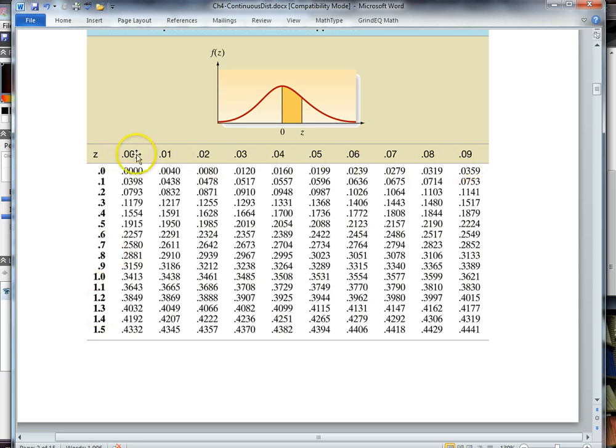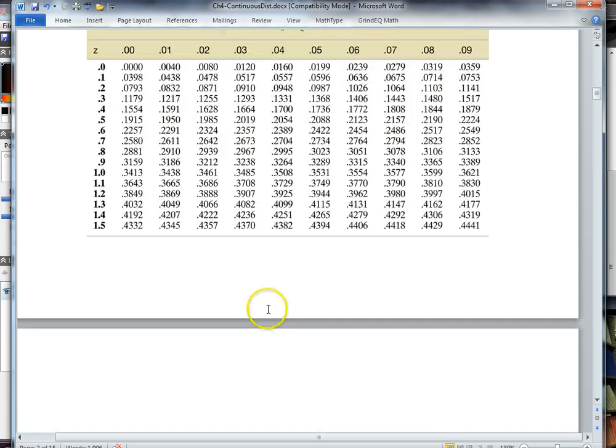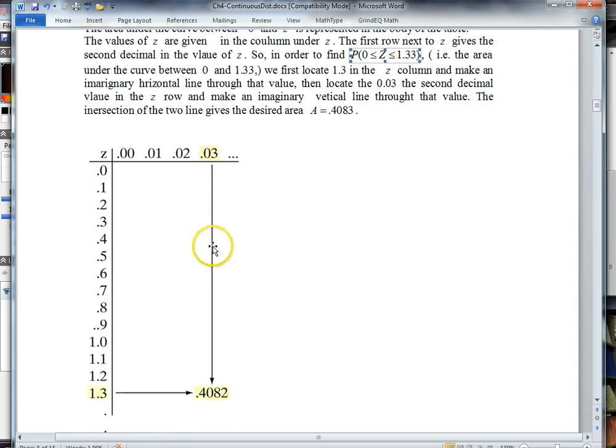It represents the second decimal. All my values have to be rounded to 2 decimals. If there's no second decimal, it would be 0. So I have 1.3, and my second decimal is 3. I go down there, and that point, 0.4082, is the area between 0 and 1.33. That's why we have 1.3, 03 as my second decimal. That's my probability.